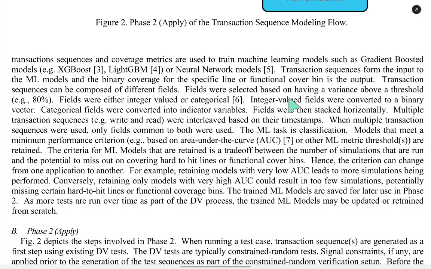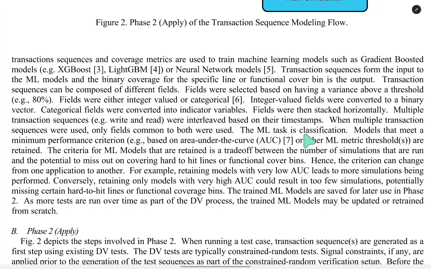Integer value fields were converted to binary vectors. Categorical fields were converted into indicator variables. Fields were stacked horizontally, and multiple transaction sequences, for example write and read, were interleaved based on their timestamp. When multiple transaction sequences were used, only fields common to both were used.